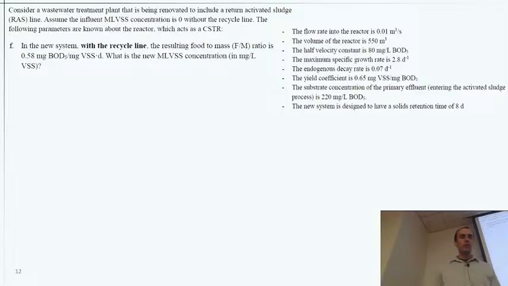The question is, what is the new MLVSS concentration in milligrams per liter? Just as a reminder, we have an equation for food to mass ratio given there. So take a minute and solve for that.